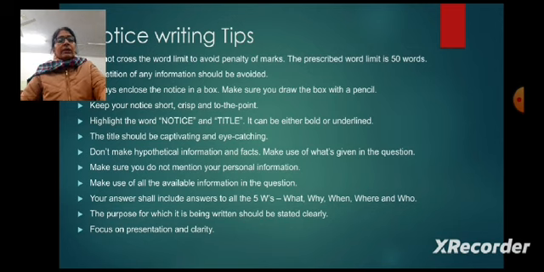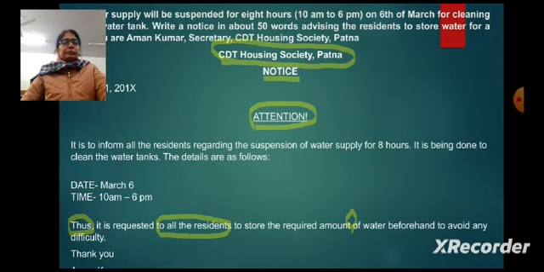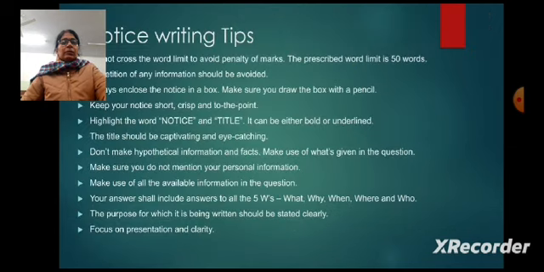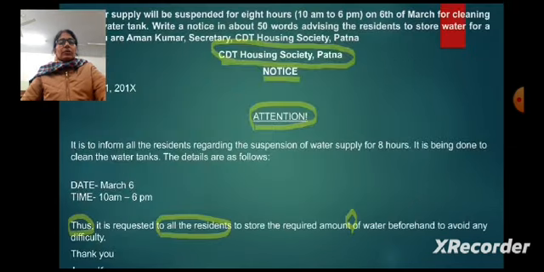So now let's have an example. In this example, there is a notice about the suspension of power supply, and it is written that the power supply will be suspended for 8 hours, 10 to 6 p.m. on 6th of March for cleaning the water tank.